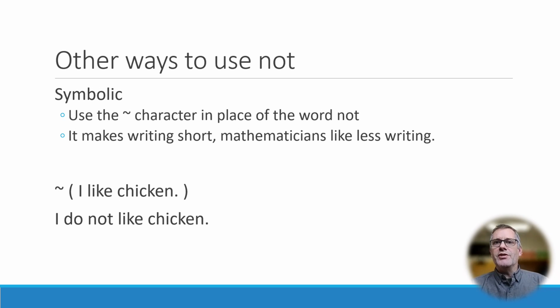I could use the word chicken in math, but you'll frequently see, as I'm introducing math at that level, I would just call it chicken X, right? Well, I'd like to be able to replace other things like not with symbols. So the tilde character can be used to replace the word not. And if I use that with a function, if I wrote tilde and put in parentheses around I like chicken, then I would have I do not like chicken.